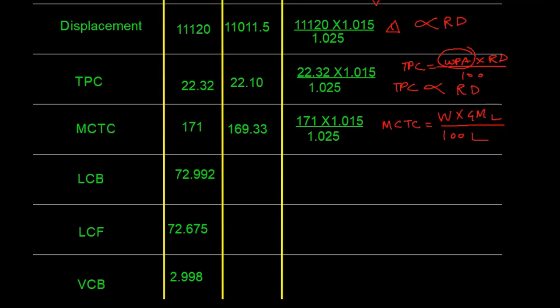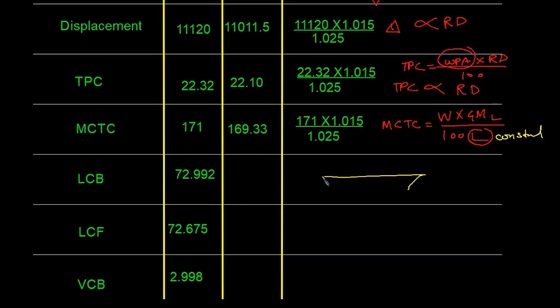So now let's analyze this formula. Forget the 100. This L definitely is constant, the LBP. And what is GML? GM is the metacentric height.